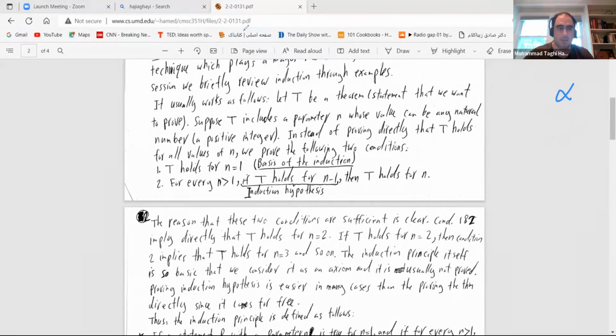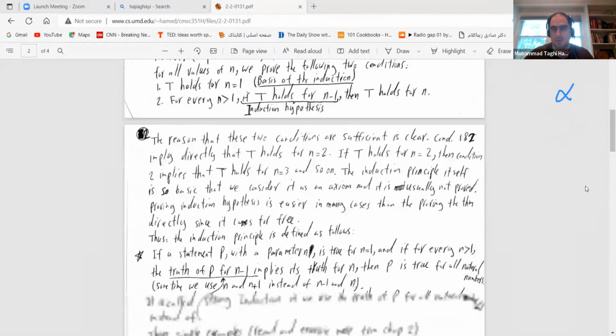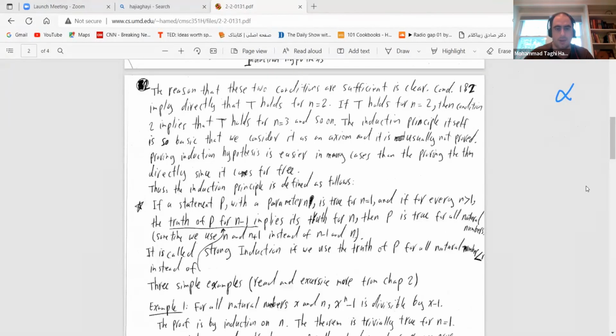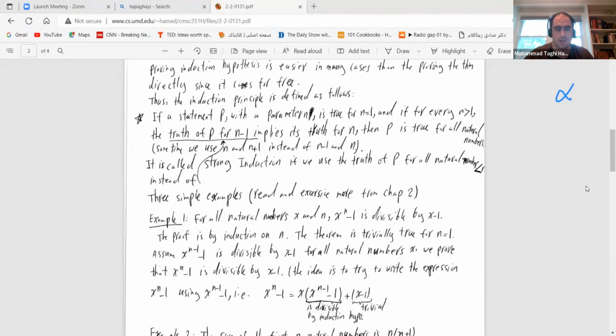So we talked about induction in the previous class. As I mentioned, we are just giving some examples, and I think these are the examples that also talk more about it.